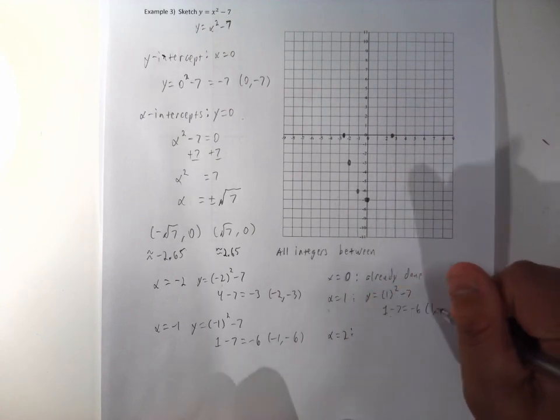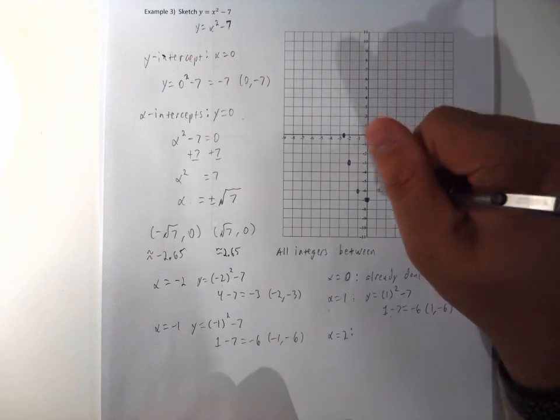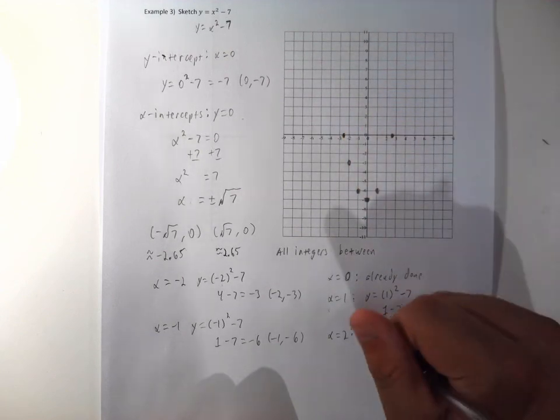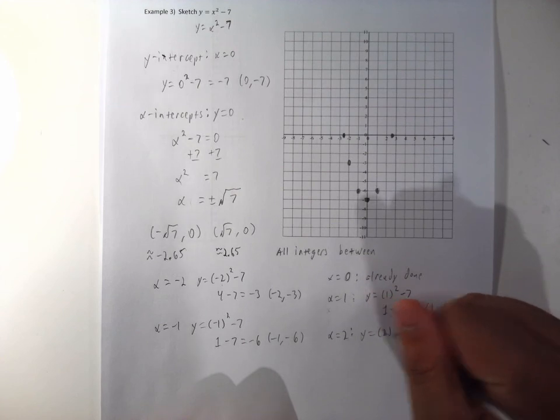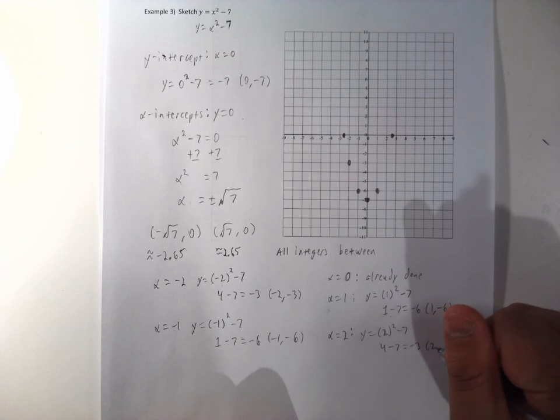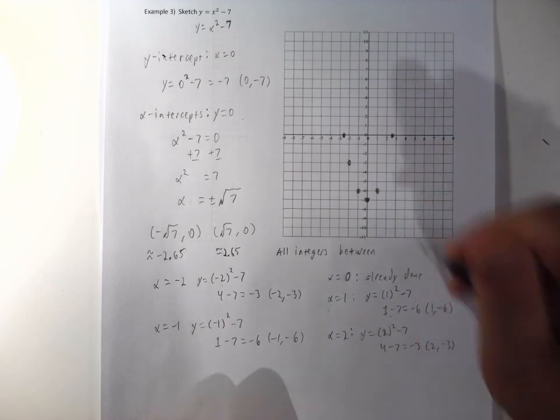So we have 1, negative 6. And x equals 2. Y equals 2 squared minus 7. 4 minus 7 is negative 3. We have 2, negative 3.